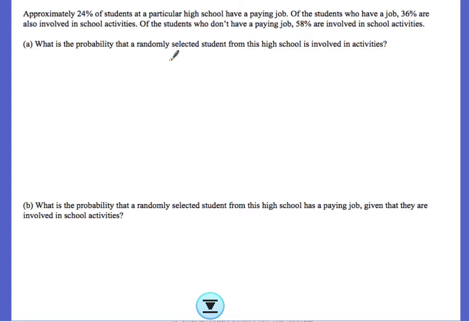And so it might just be the thing that helps you through a problem like this, especially if you get the sense that you have two paths, either this or that. So in this problem, it looks like you have a job, but you might not have a job. And then you might be involved in school activities, or you might not be involved in school activities.